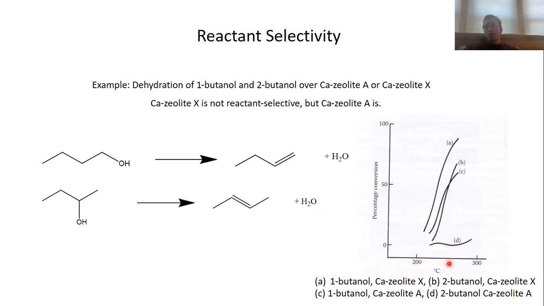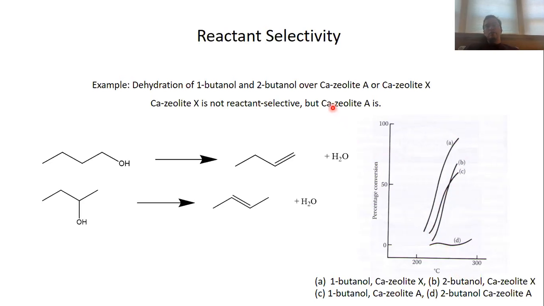Okay. However, we see that 2-butanol gets also transformed into the dehydrated product. Just we need slightly higher temperatures in order to do that. So there's very, very little selectivity of the zeolite X for these 2 reactants.